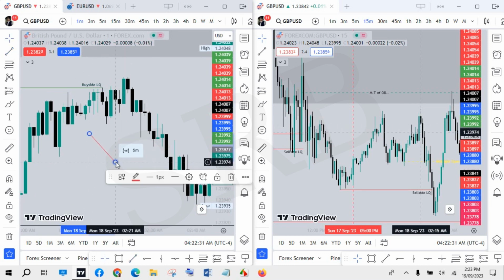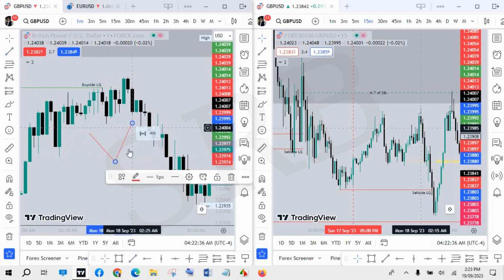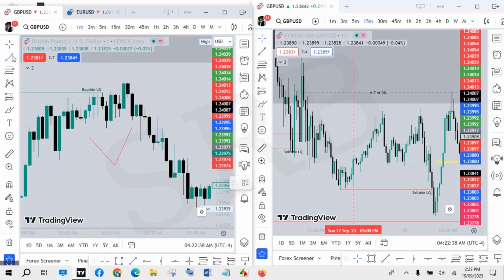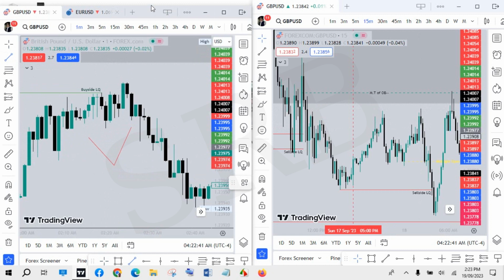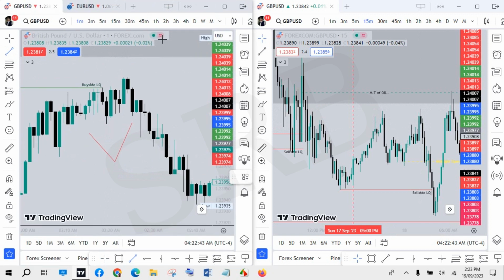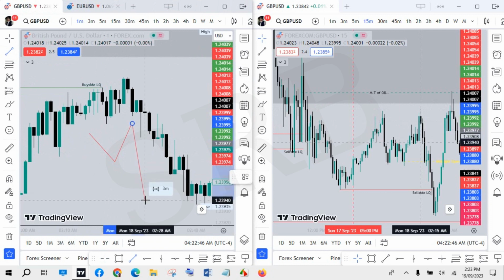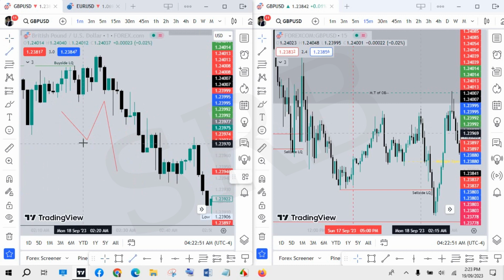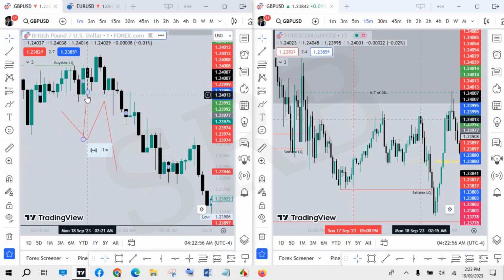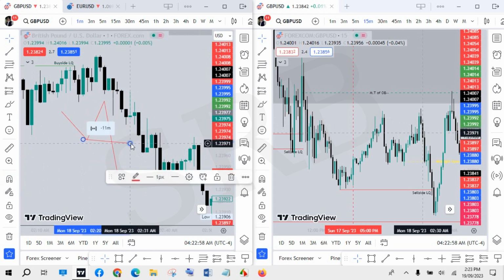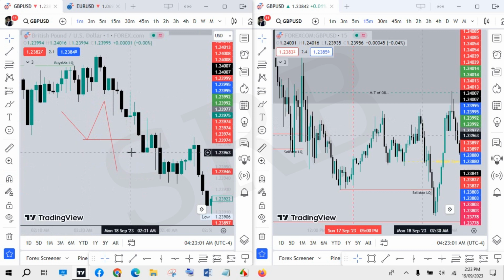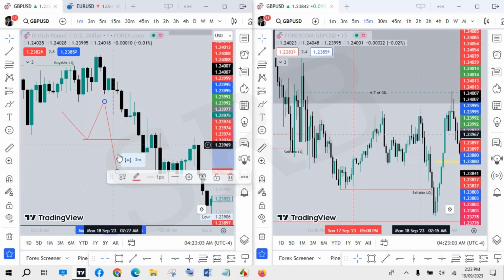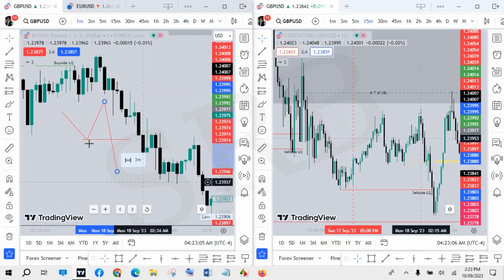Then it comes like this, then goes into the point of reference where liquidity resides, and when it trades back lower, this is the area that we look to sell. So the breaker is a very strong pattern.